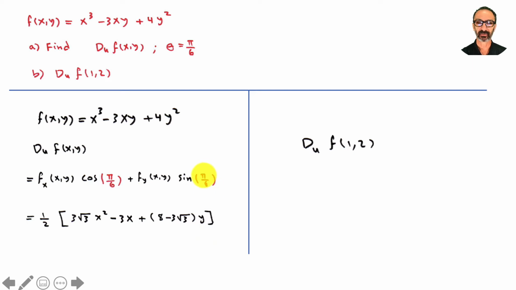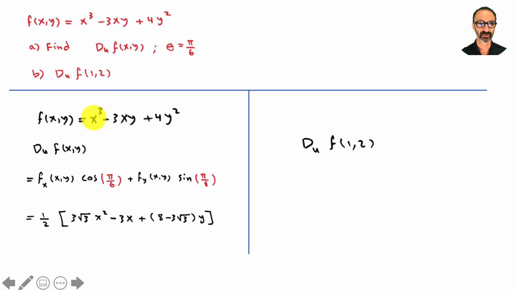Sine 30 is 1/2. Cosine 30 is root 3 over 2. The derivative with respect to x will be 3x squared minus 3y, and the rest will follow from the first derivative with respect to y.